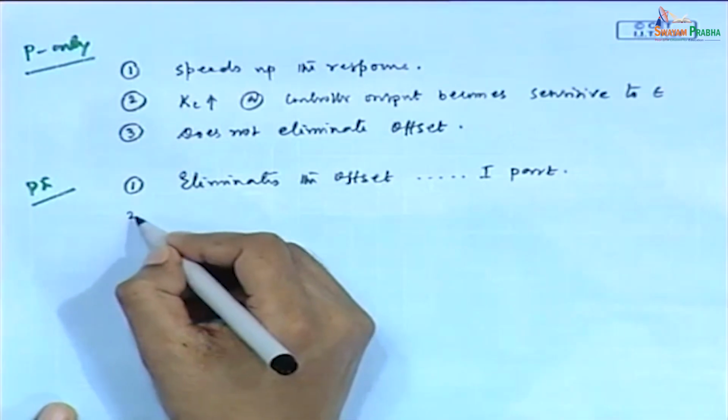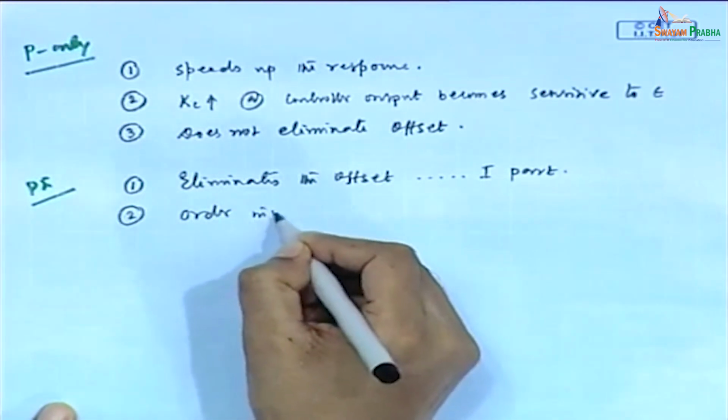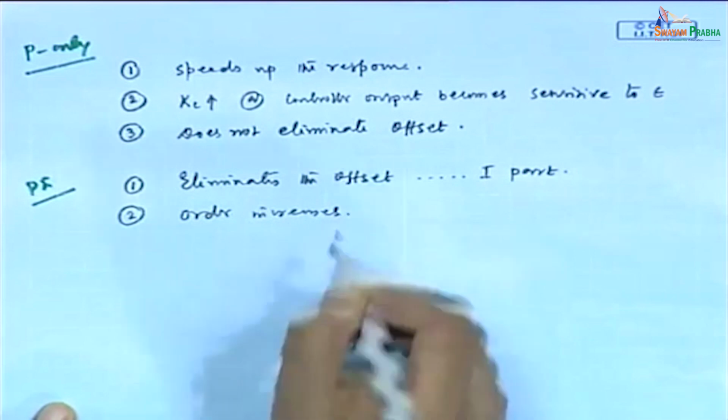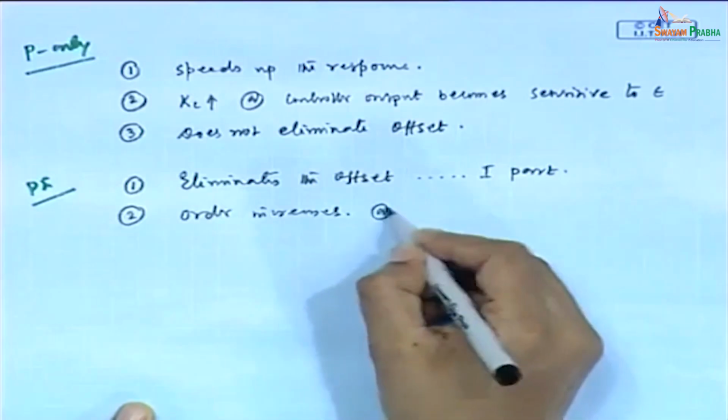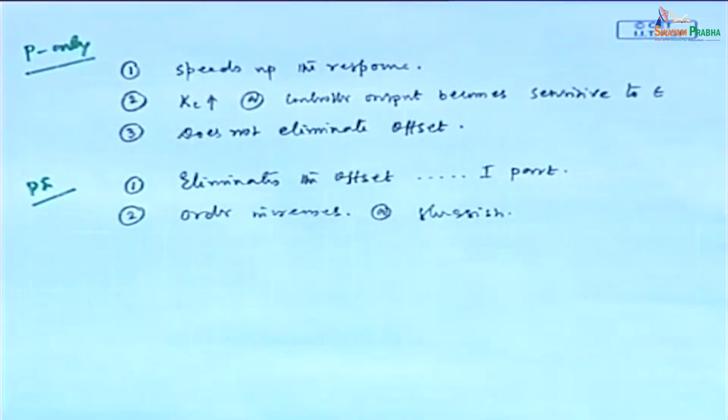For P only controller there is no change of order, but for PI controller the order is increased. So, second point is order increases, and as the order increases the overall response becomes sluggish.